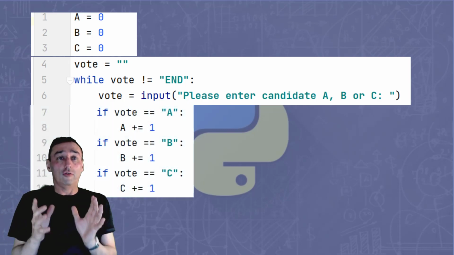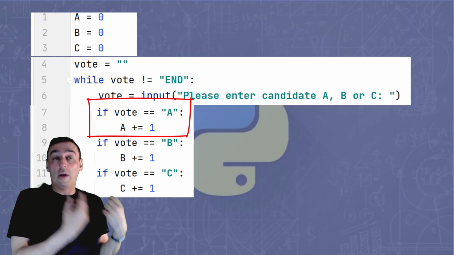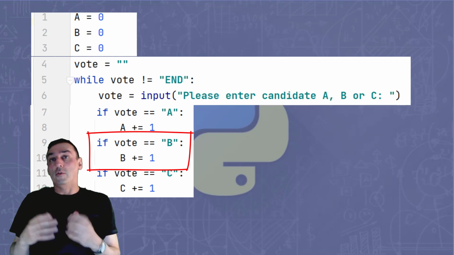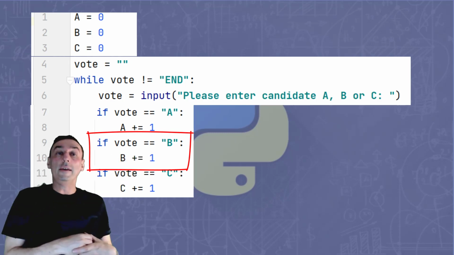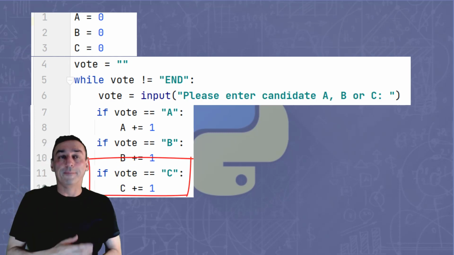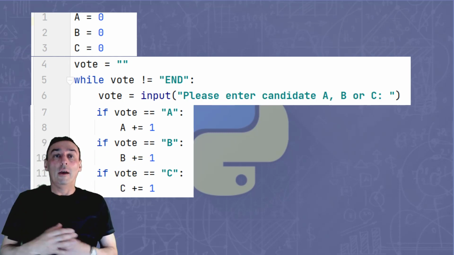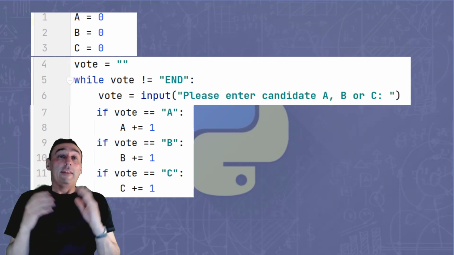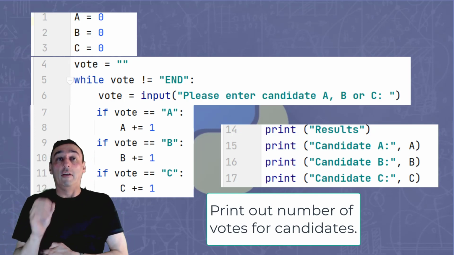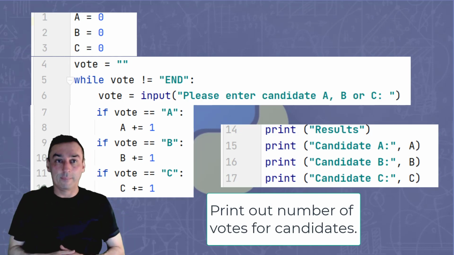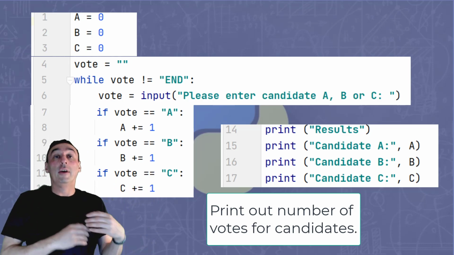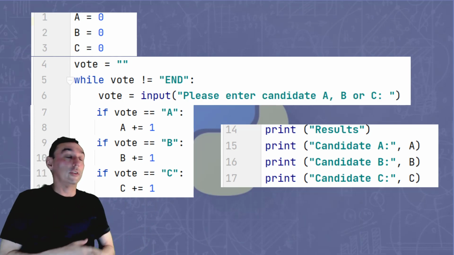If the user entered A, then we add 1 to A, and then the next one we say if the vote equals B, then add 1 to B, and if the vote equals C, then add 1 to C. We will keep going through this loop until you hit end, and at the end we will print out the totals, simply as shown in lines 14 to 17 here. That is a very simple approach. So we've taken that problem, broken it down into steps and created the complete program, as you can see here.